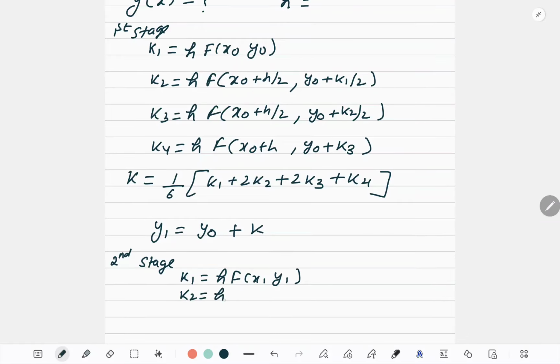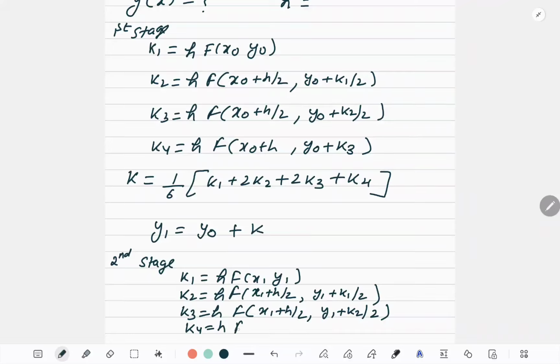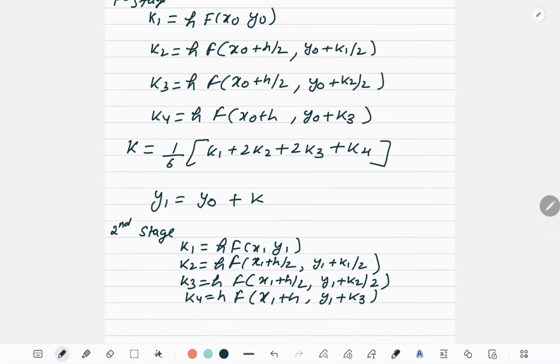k2 will be h f of x1 plus h by 2, comma y1 plus k1 by 2. Then k3 will be h f of x1 plus h by 2, comma y1 plus k2 by 2. k4 will be h f of x1 plus h, comma y1 plus k3.